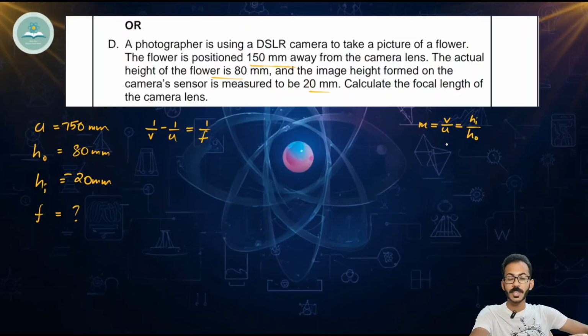Let's substitute the values that we have here. V is not known. Let me write v itself by u value is minus 150. That is equal to just minus 20 divided by height of the object is 80. 0, 0 cancelled. 2 goes 1 time in 2, 2 goes 4 times in 8, so it will be minus 1 by 4.